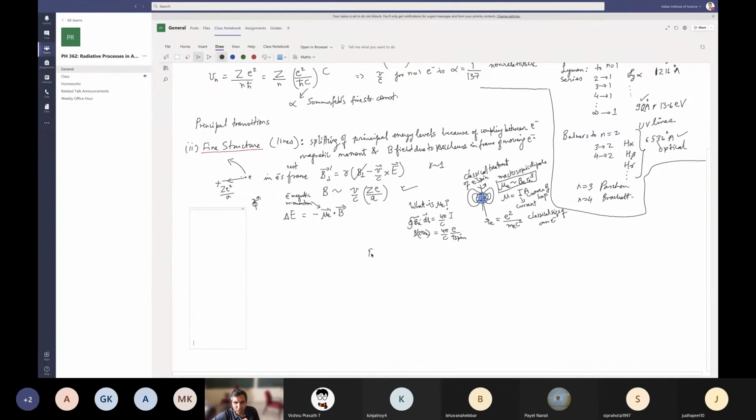But we also have Bohr's quantization, right, which says that angular momentum is quantized. So what is the angular momentum of the spinning electron? It is m_e times r_e squared times 2 pi by T_spin. This is like the moment of inertia.